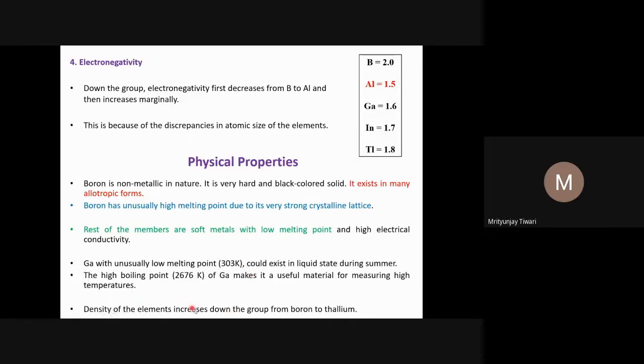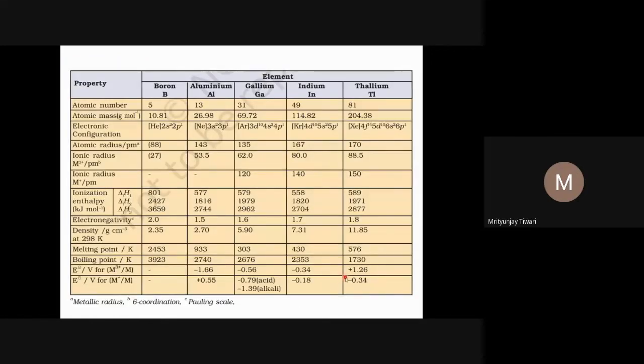And the density of these elements increases down the group from boron to thallium. So there is one general trend in density. The density always increases from boron to thallium. So this thing you should remember, wherever there is a concrete general trend, you should always remember. The density follows a certain order, and you see the values of density.